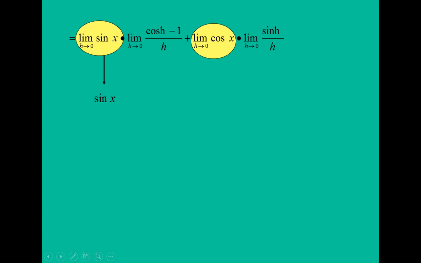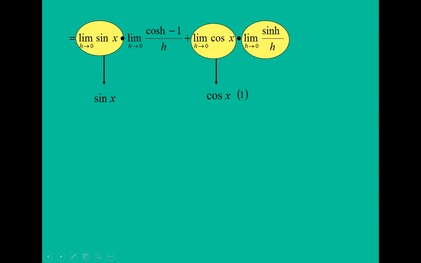Let's skip over the second limit for a moment. Now, what's the limit of cosine of x as h goes to 0? Well, that would be just cosine of x. And the last limit, that's one of the special limits we looked at using the squeeze theorem. So we know that limit equals 1.